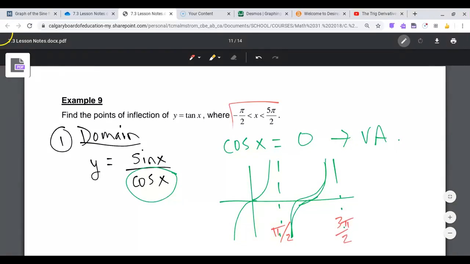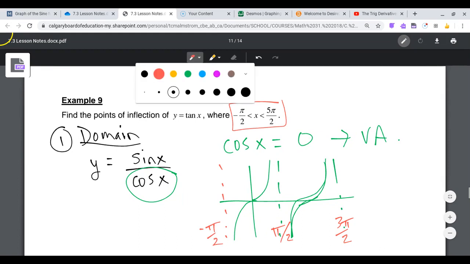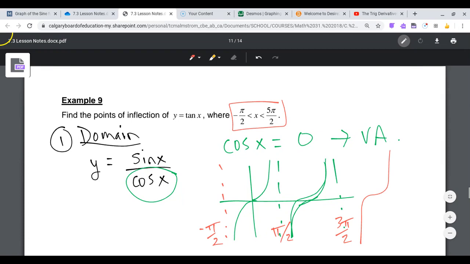But we have a domain that goes beyond 0 to 2 pi, so we have to think backwards. There would be a vertical asymptote at negative pi on 2. And then if I continued my graph moving forward, there would be another asymptote happening at 5 pi on 2.